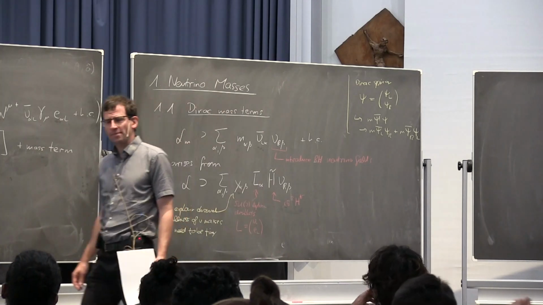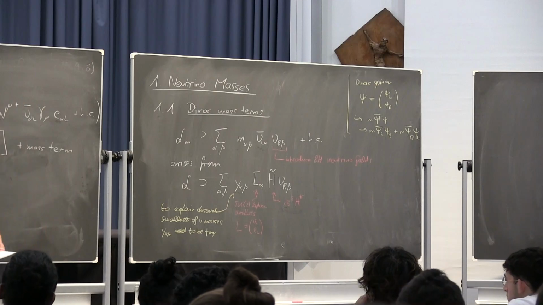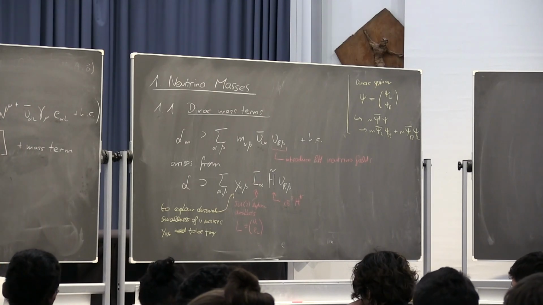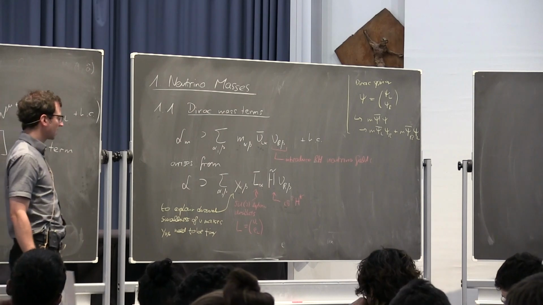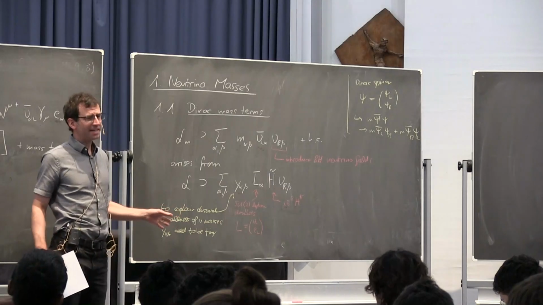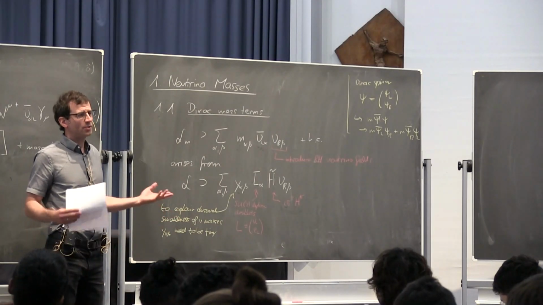And by tiny, I mean 6 orders of magnitude smaller than the Yukawa coupling of the electron, which is the smallest among the Yukawa couplings known in the standard model. So there's nothing in principle wrong with that, but of course it would be nice to have an explanation.